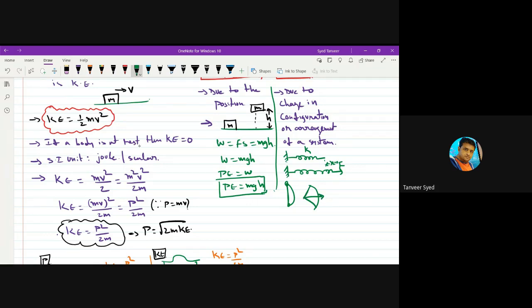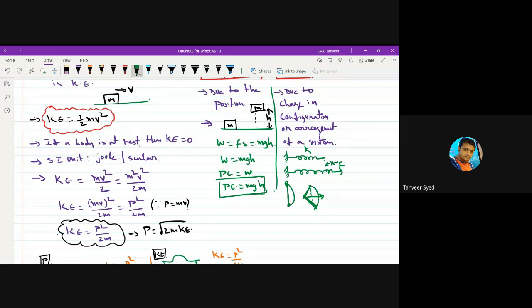If you are pulling the string back, you are applying force on it, and there is displacement of the string. So work is done, which means you are spending energy. Where did the energy go? This energy is now stored in the string as its potential energy. All these energies possessed by bodies due to a change in their configuration, we call elastic potential energy.